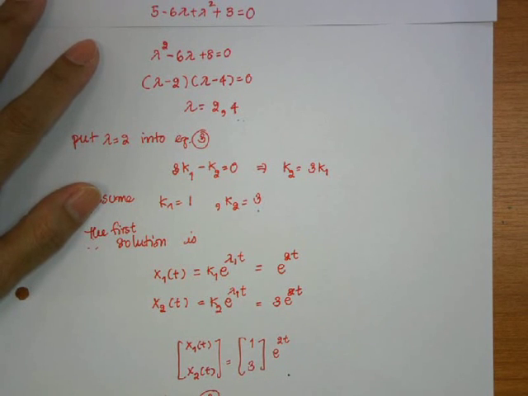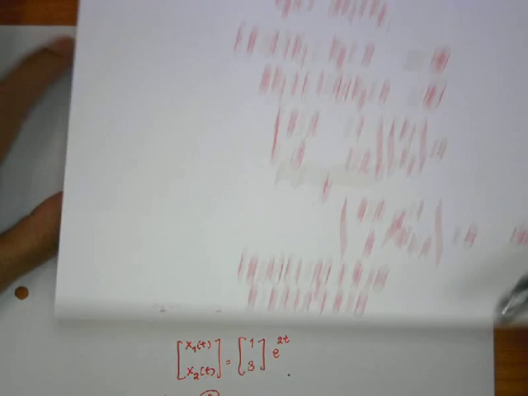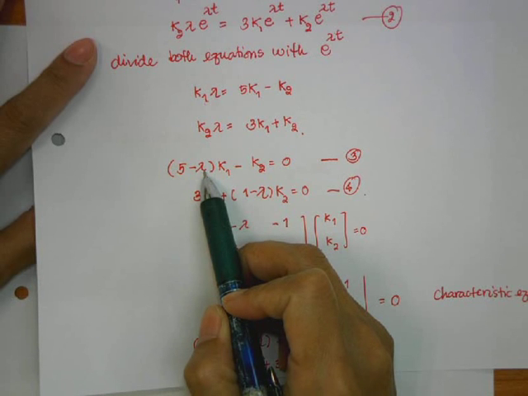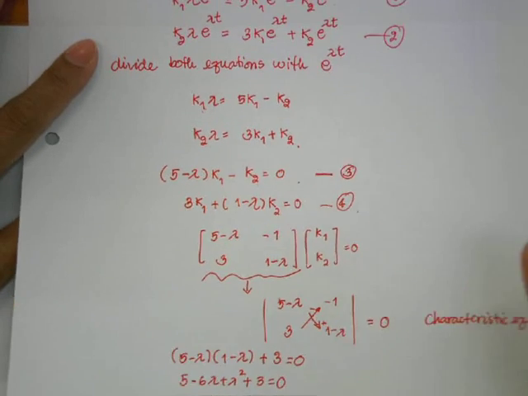And then you plug the value lambda equal to 4 into equation 3. If you pick equation 3, you have to use equation 3 for both lambdas. If you pick equation 4, you would use equation 4 for both values of lambda. Just pick one equation, okay? Because either one you would get the same answer. Now you plug lambda equal to 4 into equation 3. If lambda equal to 4, you would get k1 minus k2 equal to 0, or k1 equal to k2, right?